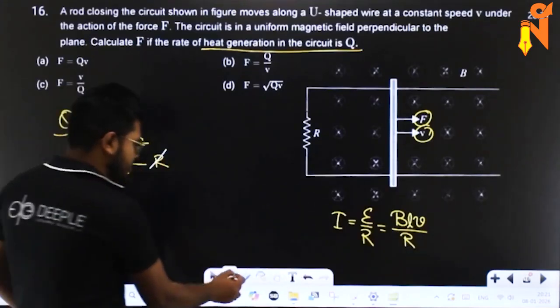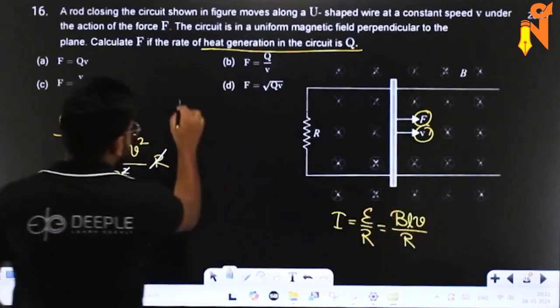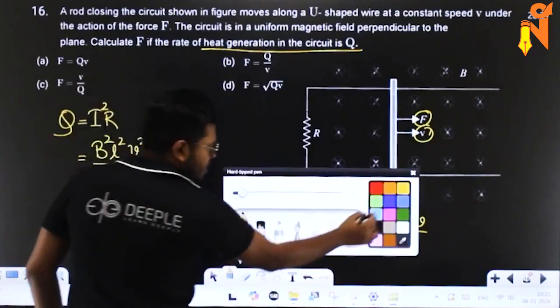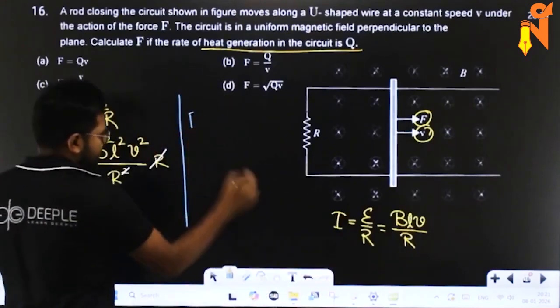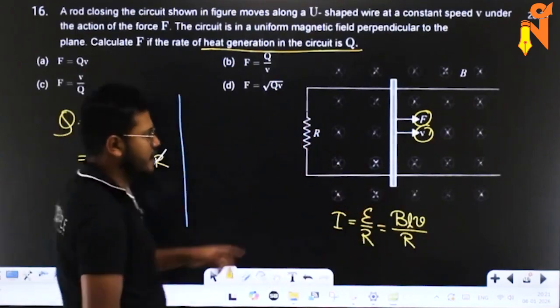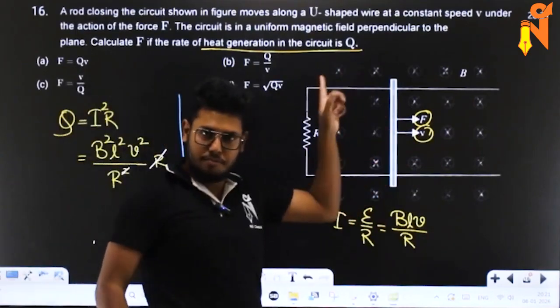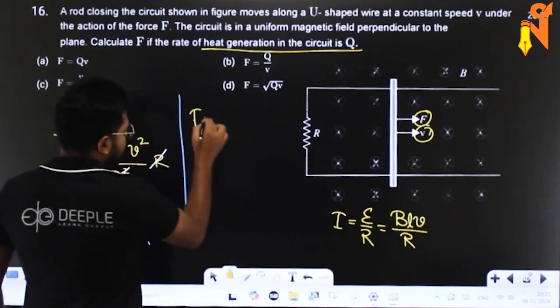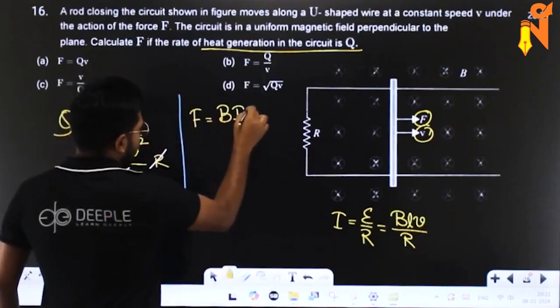Now let's talk about the other quantity in the expressions, which is force. See, force F on a current carrying conductor, since the current will flow through this loop, is nothing but BIL, right?